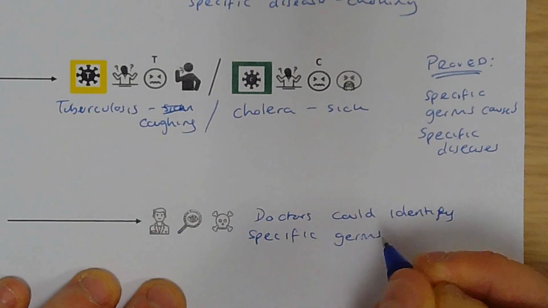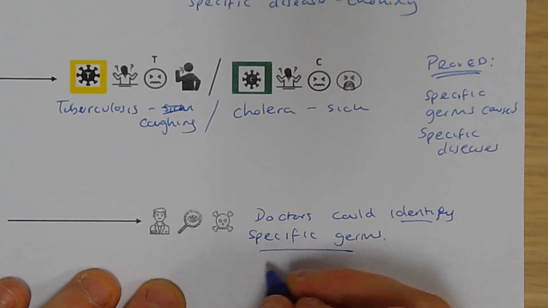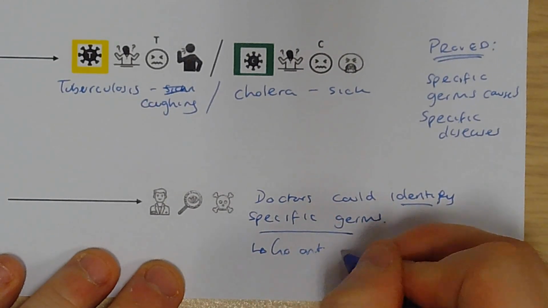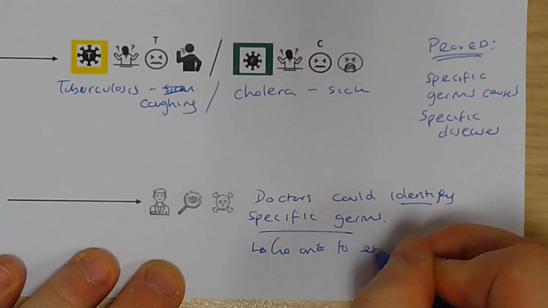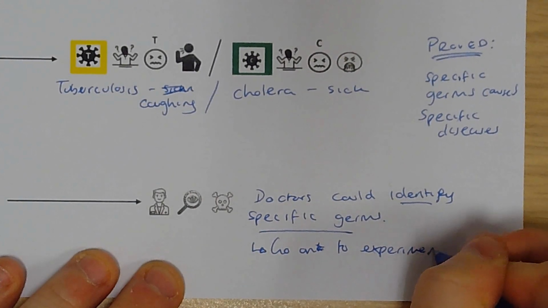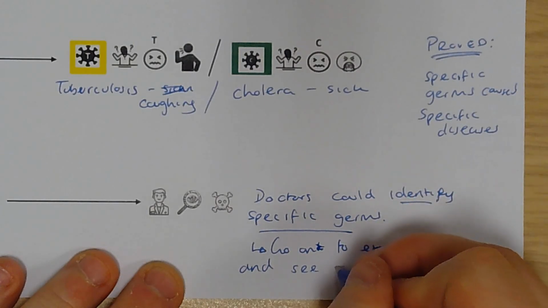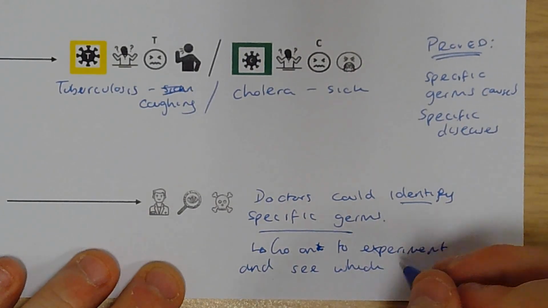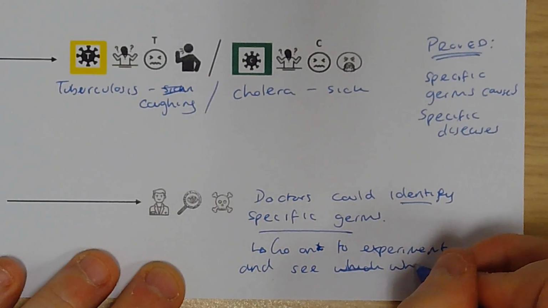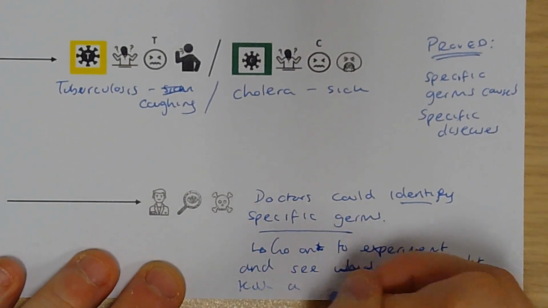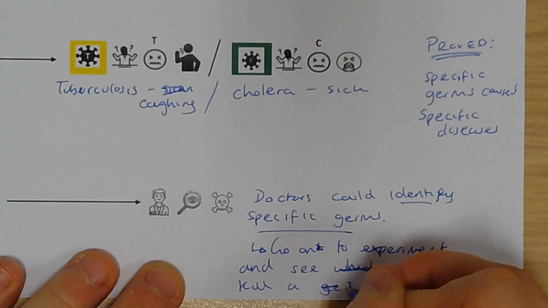Now, if they could identify specific germs, they could go on to experiment and see what might kill a specific germ.